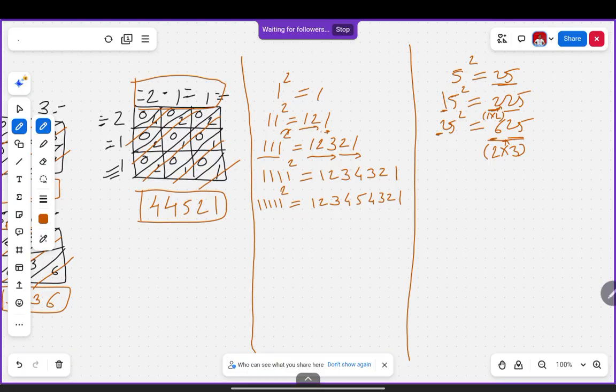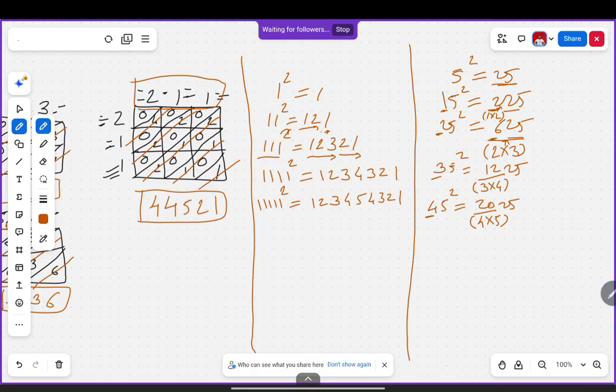Likewise, if you want to calculate the square of 35, it will be much simpler. You need to write 25 as it is, and you need to write the multiplication of 3 and its next number 4 in front of this. So square of 35 is 1225. Similarly, square of 45: you write 25 as it is, and then the multiplication of 4 and the number next to it, 5, which is 20.